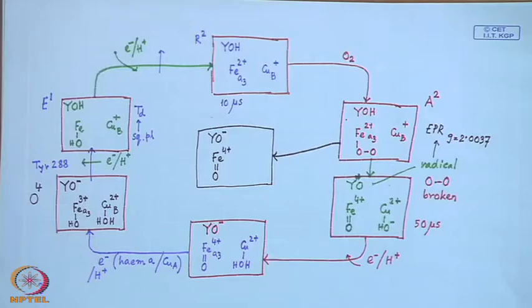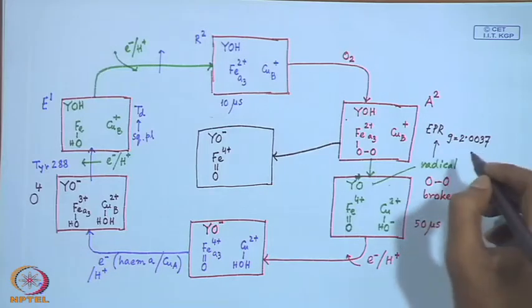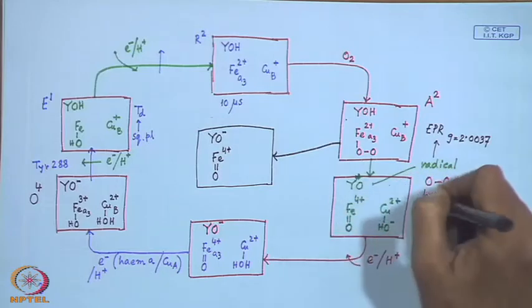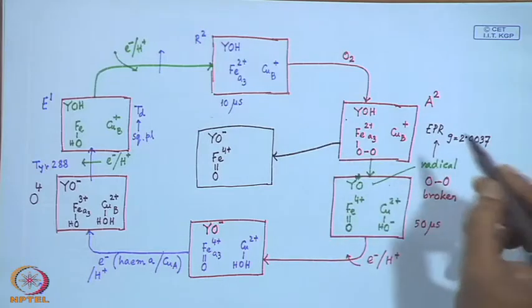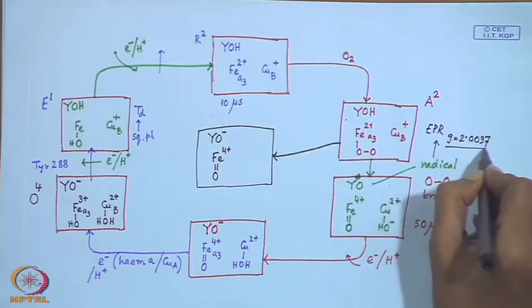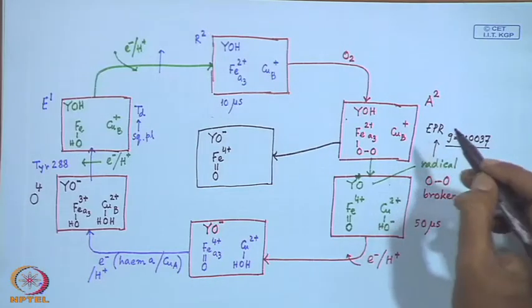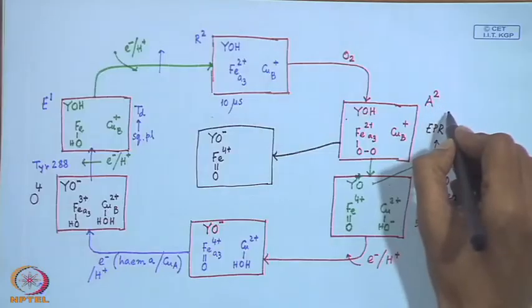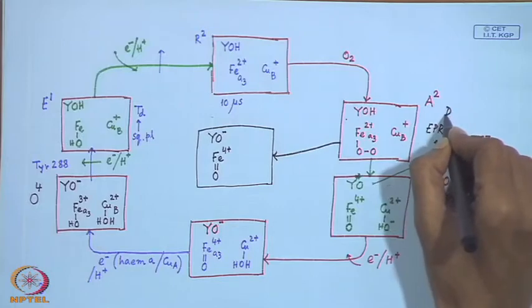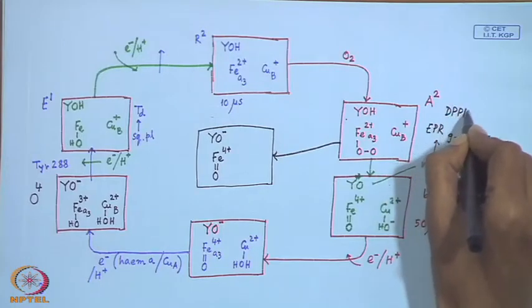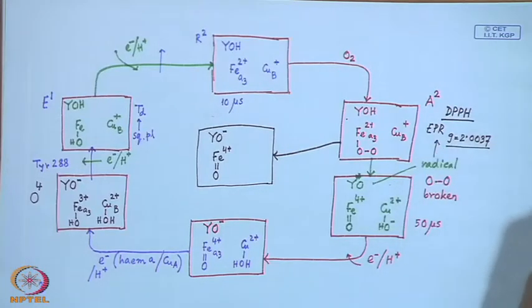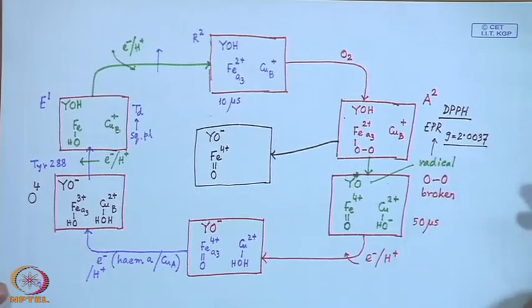So, the presence of a radical can also be very easily identified by measurement in the solution state, since this closely matches our standard for EPR measurement, diphenyl picrylhydrazide. DPPH is the standard we measure for electron paramagnetic resonance.